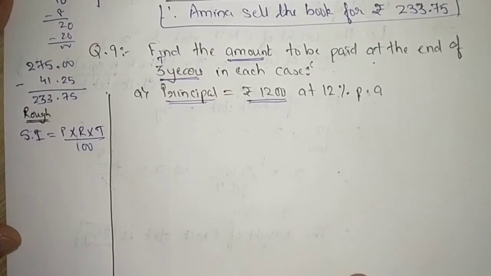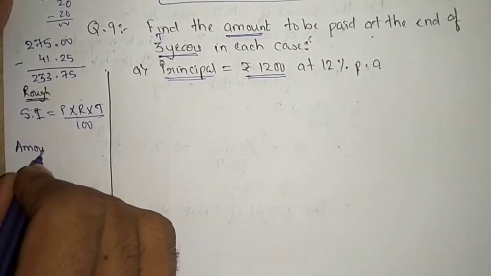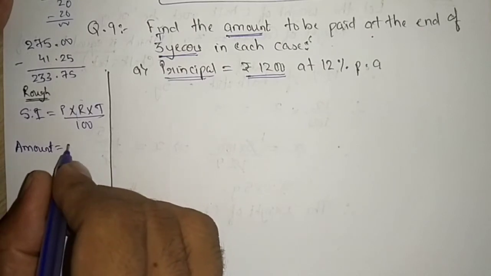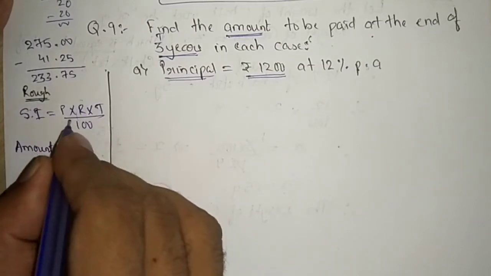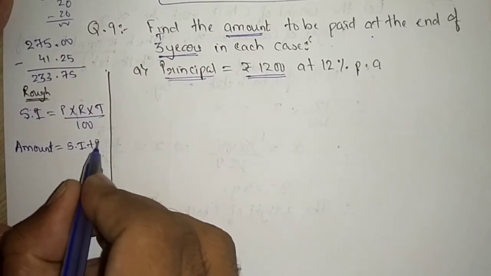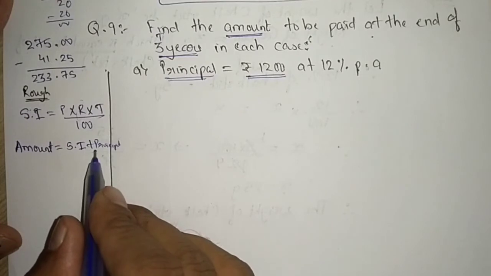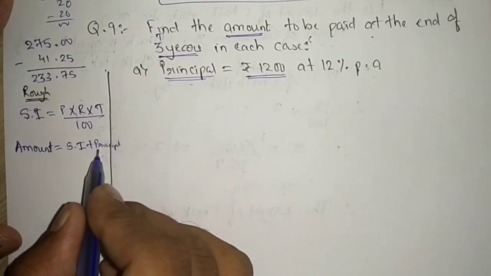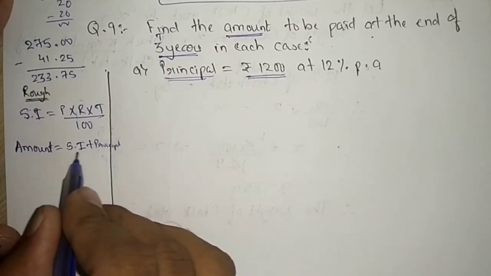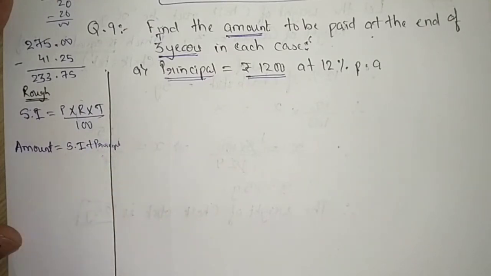And once you get the interest, the formula for amount is equal to simple interest plus the principal amount, because we have to pay both. If we are returning to the person we have borrowed from, we will return his money plus the interest. So the amount will be principal plus interest.